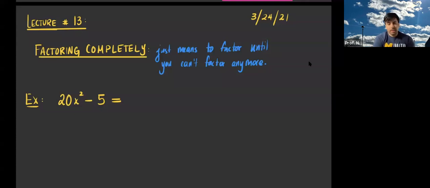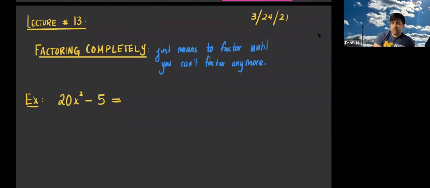The very first one. Nobody has an idea? Well, we have to factor out the GCF, guys. What's the GCF between 20 and 5?